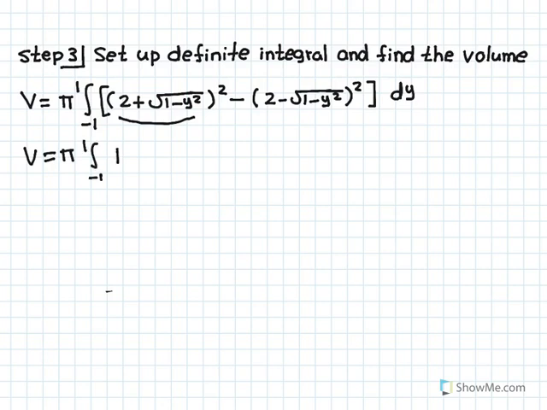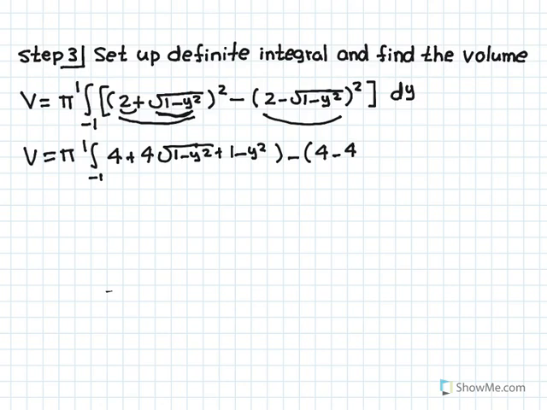So 2 squared is 4, and we get 2 times 2 times root of 1 minus y squared, that's 4 root of 1 minus y squared, and let's square this term, we get 1 minus y squared, and minus. Now for this term, let's FOIL it out. 2 squared is 4. The middle terms multiply out and multiply that by 2, so we get minus 4 root of 1 minus y squared, and square the second term, we get plus 1 minus y squared.